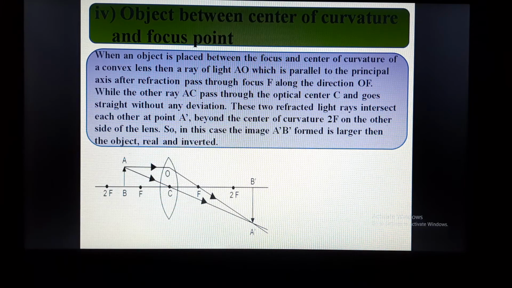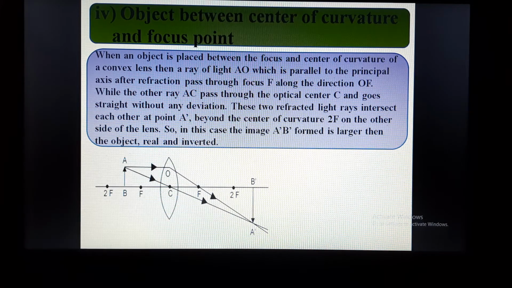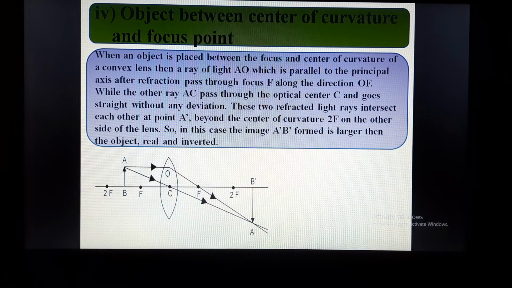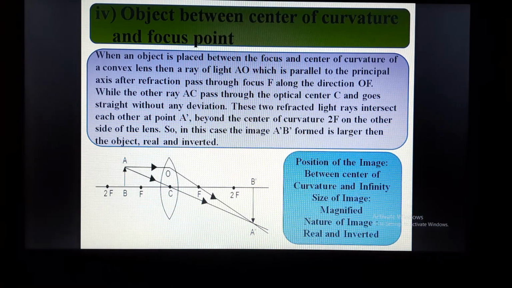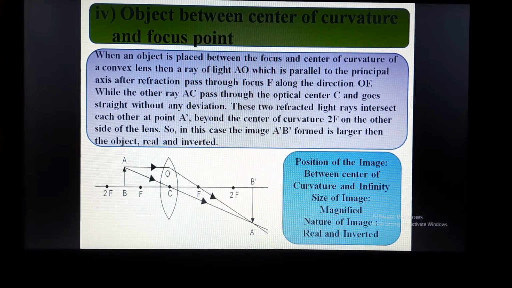You see the image is A prime B prime, and this image is larger than the object, and this image is real and also inverted. So this is our ray diagram, and the result is: position of the image is between center of curvature and infinity, or we can say beyond the center of curvature.